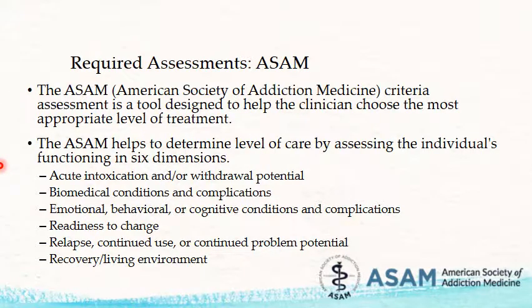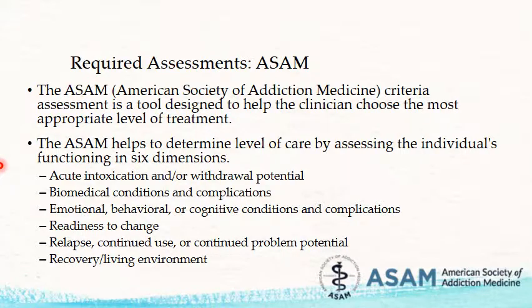For acute intoxication and or withdrawal potential, we're looking at, is that individual at risk for severe withdrawal symptoms? Or are they acutely intoxicated? Are they intoxicated when they're coming into the intake assessment? Are they frequently intoxicated, to where we're really not able to determine if they're going to have withdrawal symptoms or not because they're usually intoxicated?